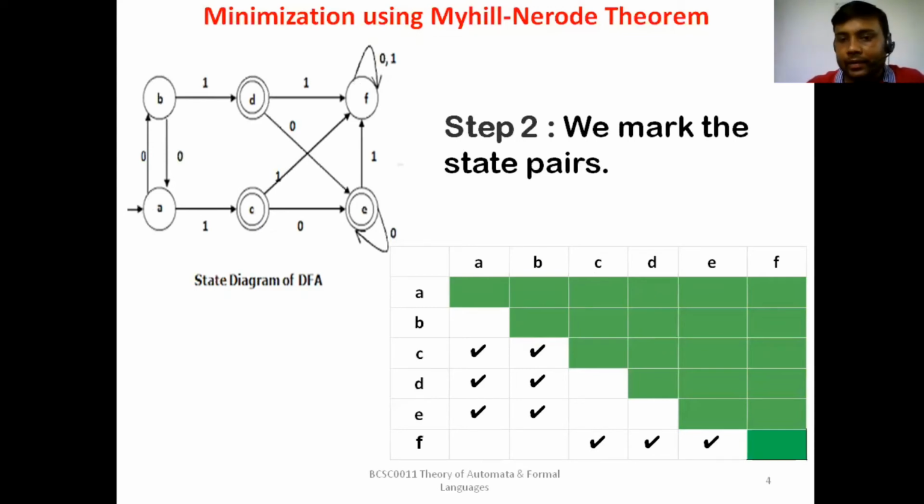Therefore, we have to mark the pair AF in step 3 due to transitivity.